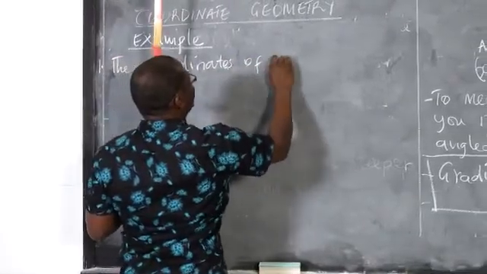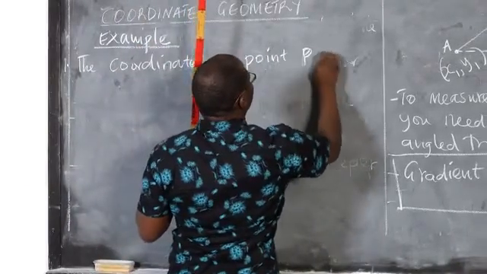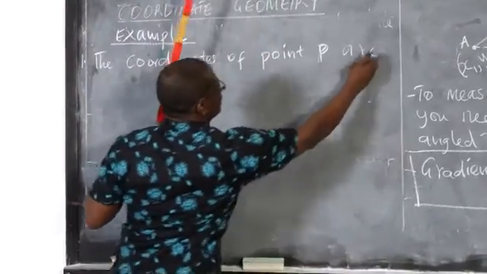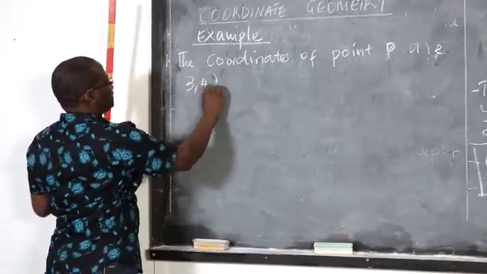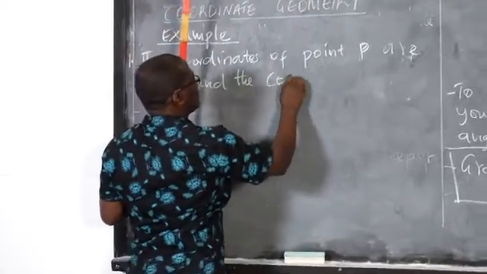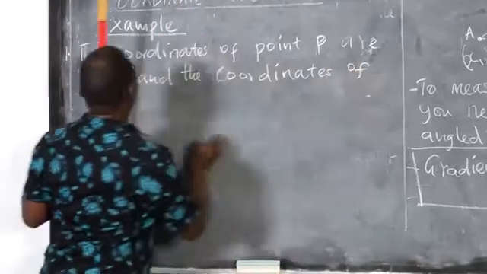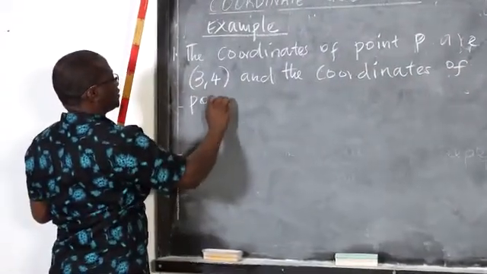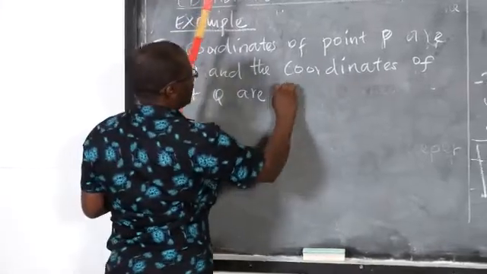The coordinates of point P are, for example, (3, 4), and the coordinates of point Q are (8, 14).